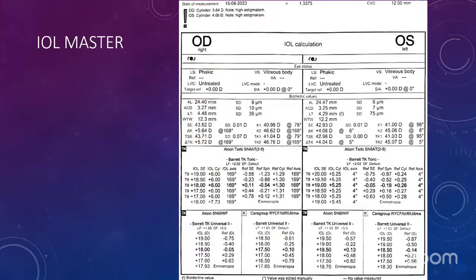Suppose a patient has one diopter against the rule astigmatism and one diopter with the rule astigmatism, which astigmatism will induce more post-operative cylinder? Against the rule. Why?